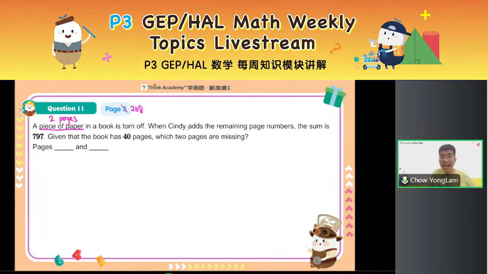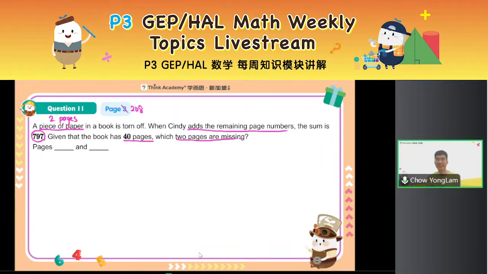When Cindy adds the remaining page numbers, the sum is 797. Take note, 2 of the pages are missing. It's 797 for the remaining pages. Given that the book has 40 pages in total before it's torn, which 2 pages are missing?